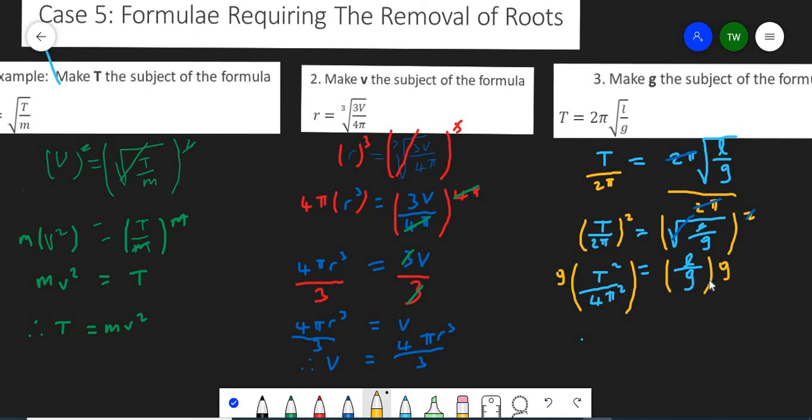So if we multiply both sides by G, clearly here you can see that G in the denominator will cancel out G in the numerator here.